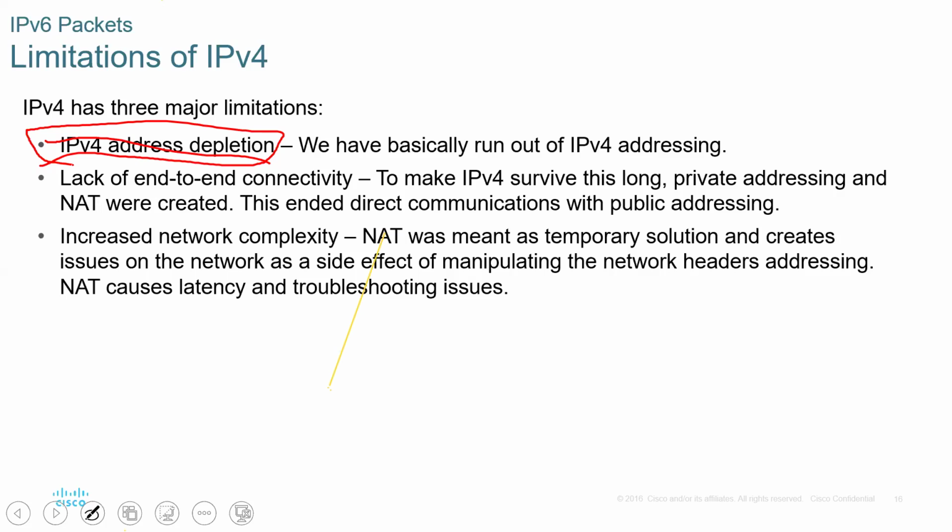Okay. Then we have lack of end-to-end connectivity. Lack of end-to-end connectivity is there because in IP version 4, we're going to see very soon, we have what we call private IP addresses, and then we have what we call public IP addresses.